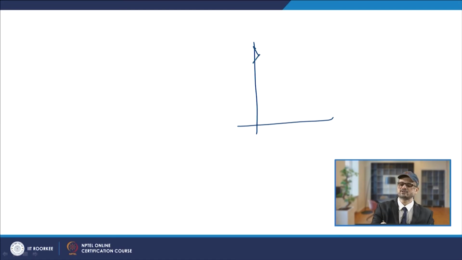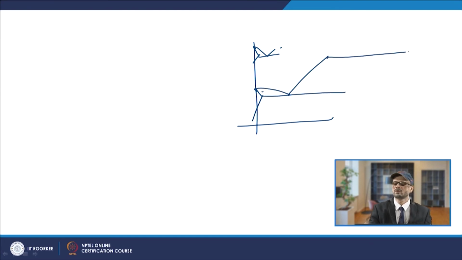So, we will deal with the iron carbon system, and what we will see is this, at 1137 degrees centigrade. Now, in this case here, this is at 4.3% of carbon.